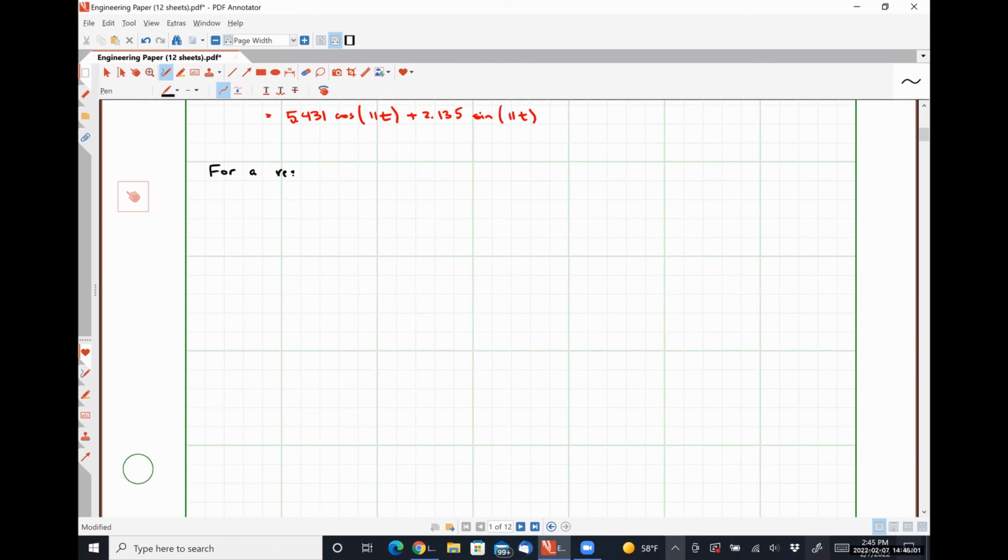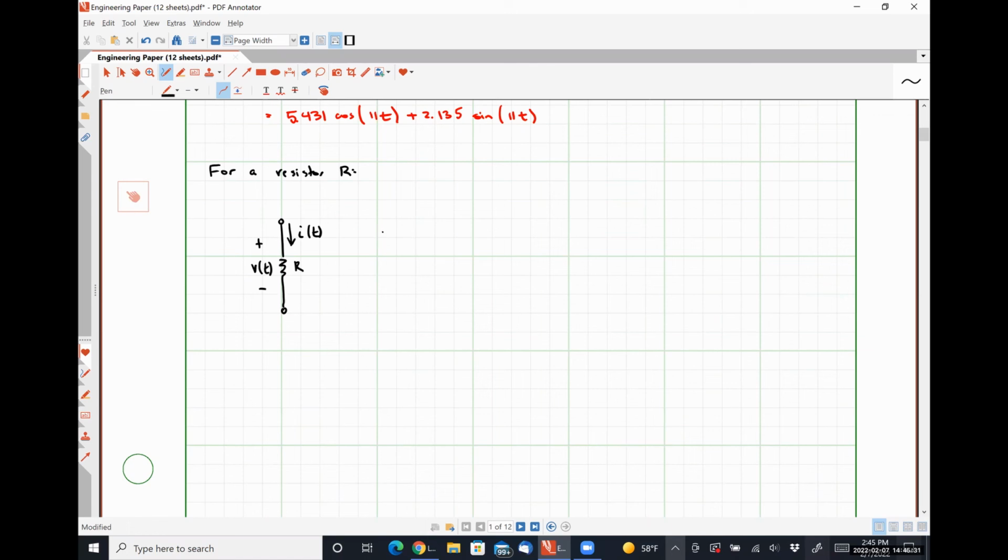For a resistor R, where I have a current I of t flowing through it, and a voltage V of t across it. Okay.